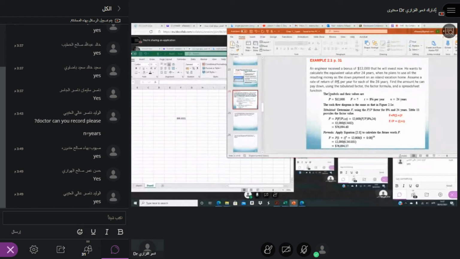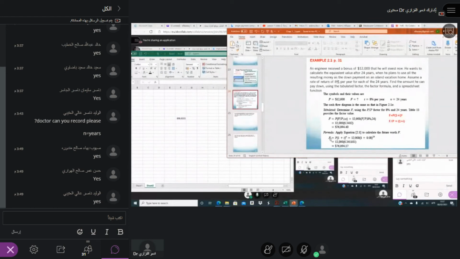Find the amount you can pay down using the tabulated factor, the factor formula, and a spreadsheet function. So we have seen how to use this formula today. So let's stick to the formula and calculate it.